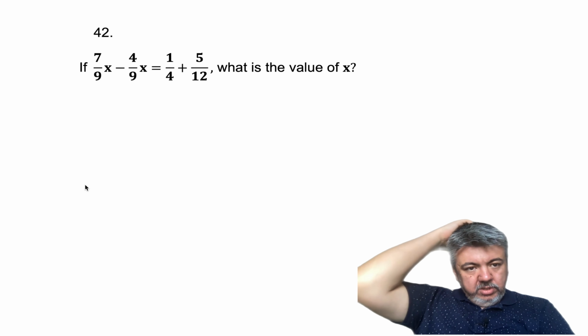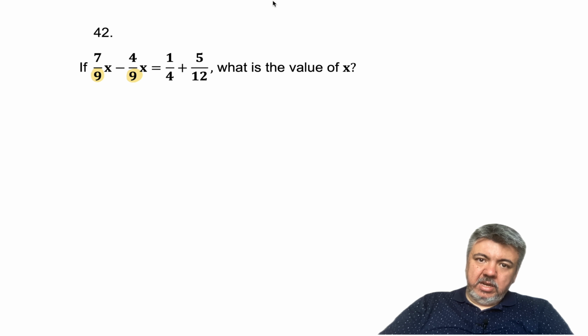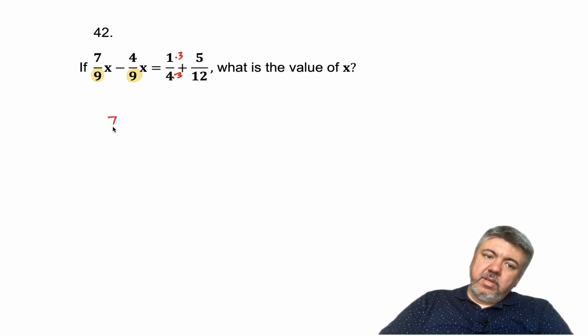Question 42. Okay, it looks a little bit complicated, but look here. We have the same denominators here, but maybe not here. I will expand here by 3. So let me see. 7 minus 4 over 9x.